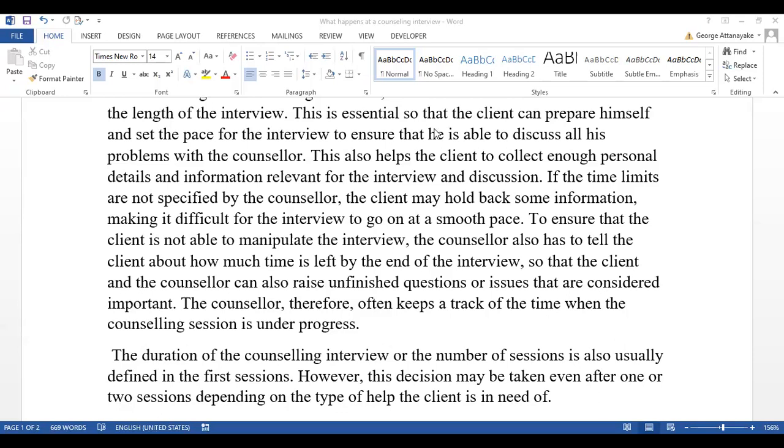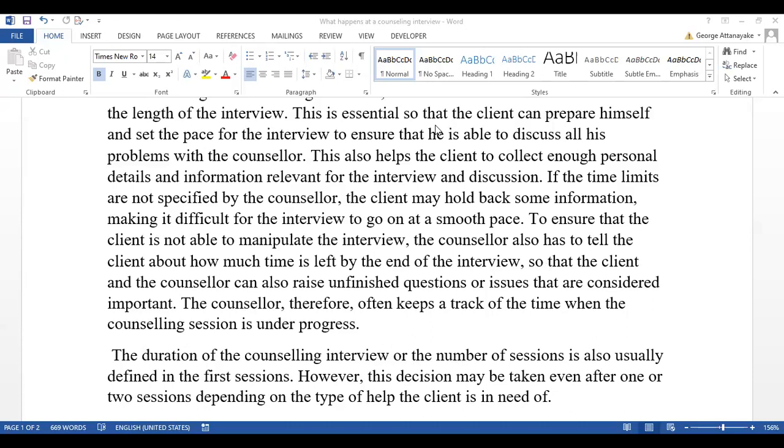And decide the time depending on the age of the client as well as the issue the client is facing. Most probably, if it is a young adult, it will last for 2 hours. At the start of the counseling session, the counselor should tell the duration of the session, because then the client can get ready for that session and gather personal information for the relevant period.